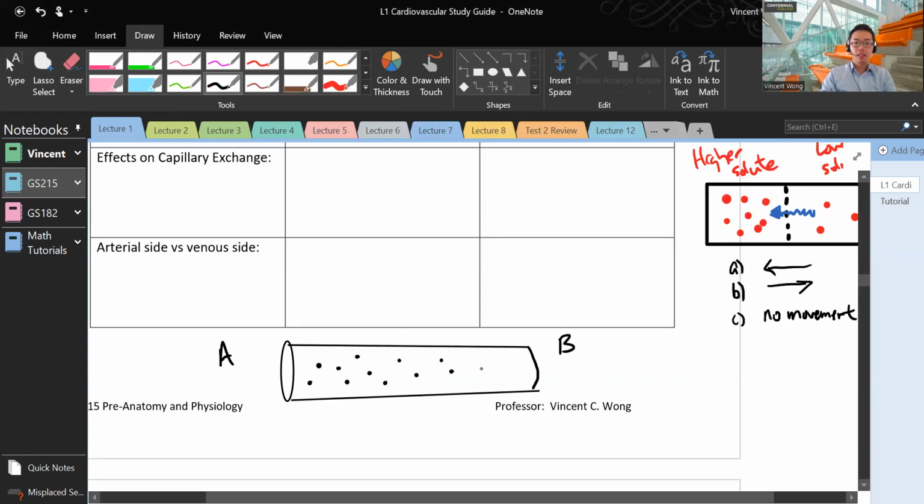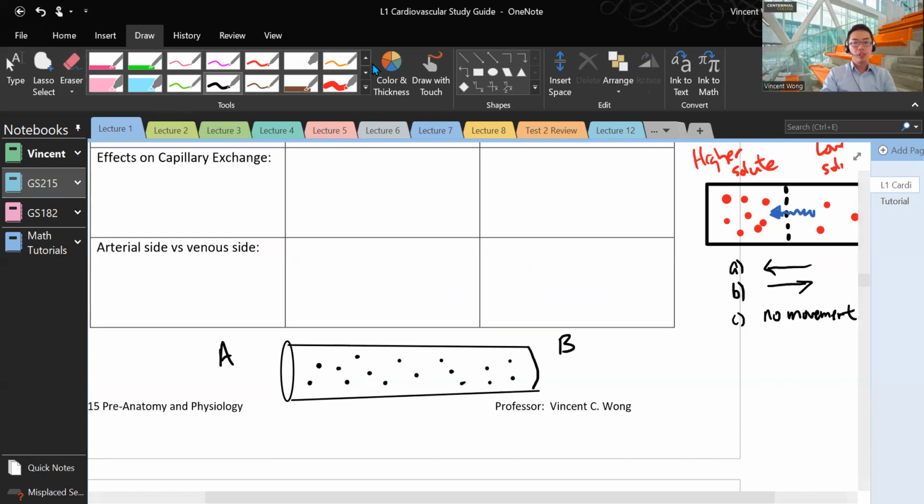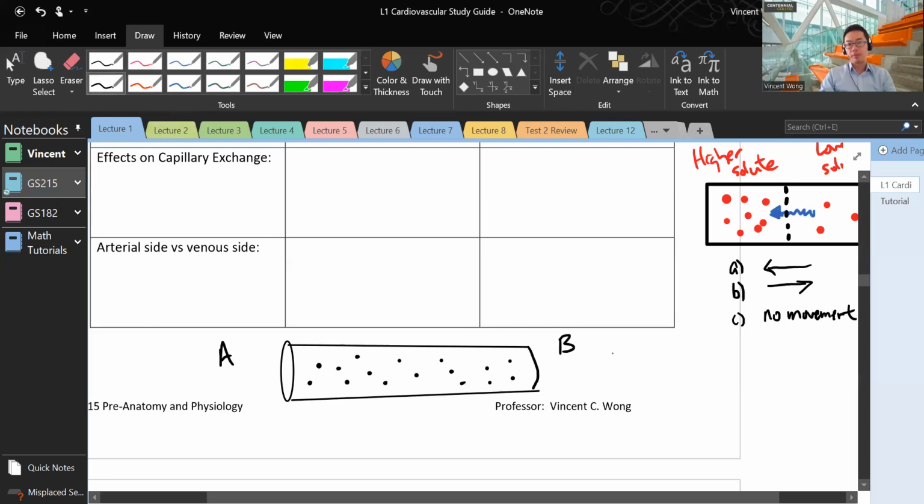Let me just put some examples here. You will learn that next week, but just to give you some examples. What kind of stuff do you find in blood? Well, first of all, there are lots of cells, there are proteins, there are electrolytes. All these things would contribute to the solute concentration on the inside of the vessel.